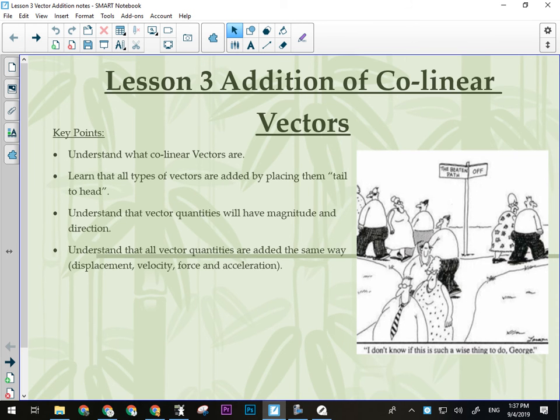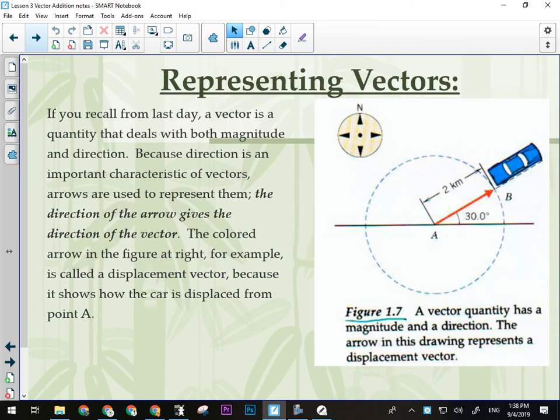Okay? All right. So if we have, let's say, a very simple vector like what we see here, we would have both magnitude and direction, right? So we would draw that as an arrow. The arrow can represent both of those factors, the magnitude and the direction.